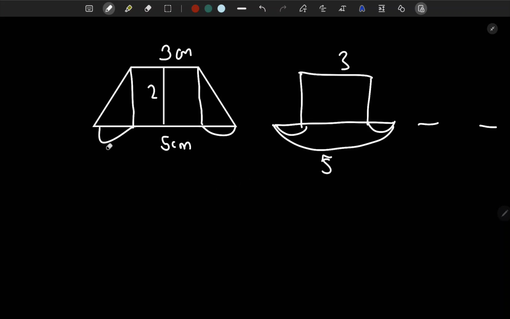So the base of the triangle is equal to 1 centimeter, and we are told that the height is 2.